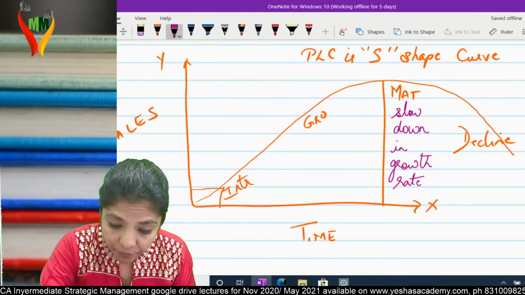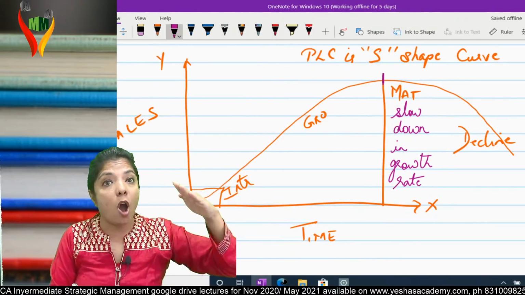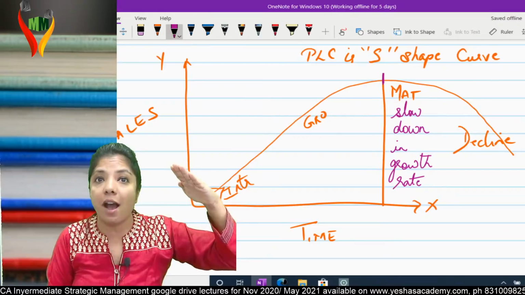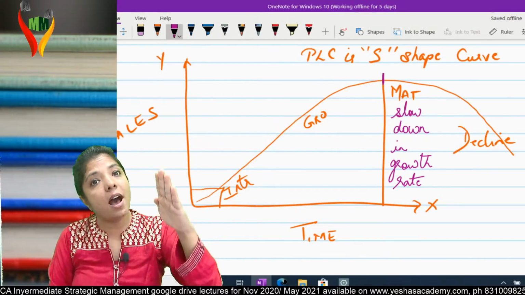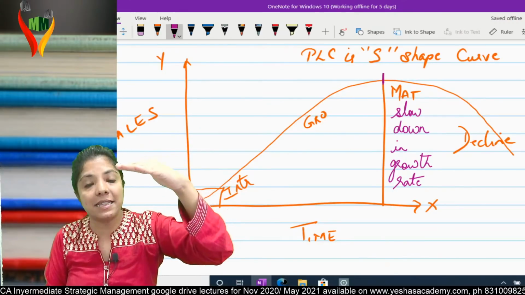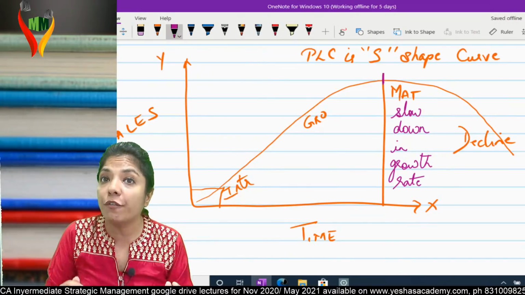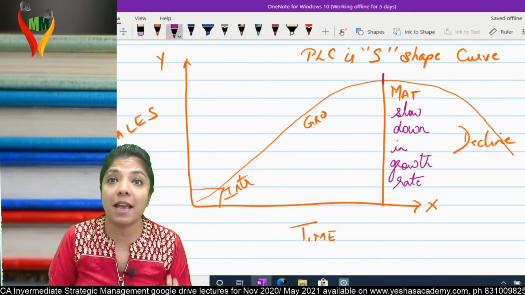If you see this, after this point, my graph is not going up. Till the time it goes up, it is called the growth phase. And when it comes on the same line or it slowly starts coming down, it has entered which phase? Maturity phase. Am I clear?